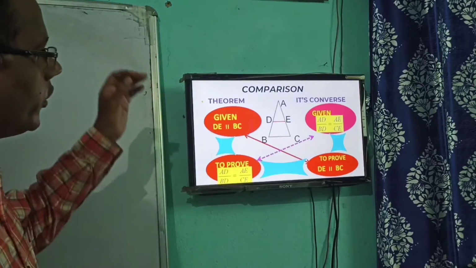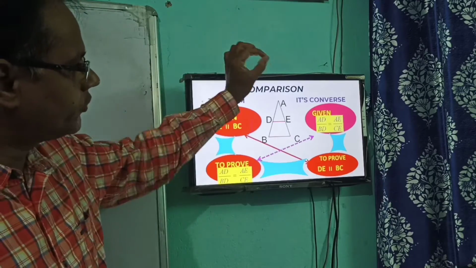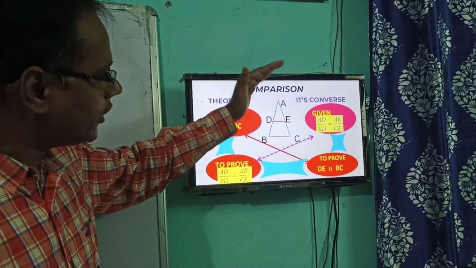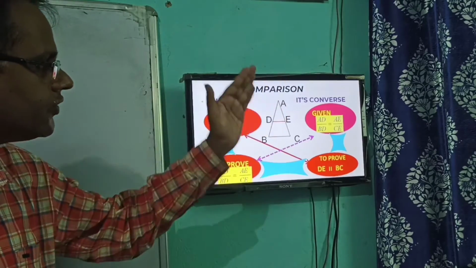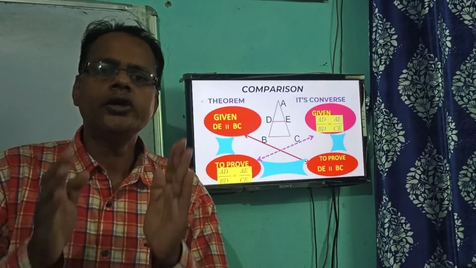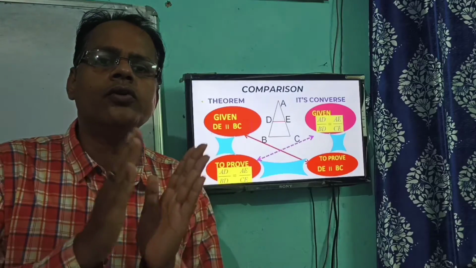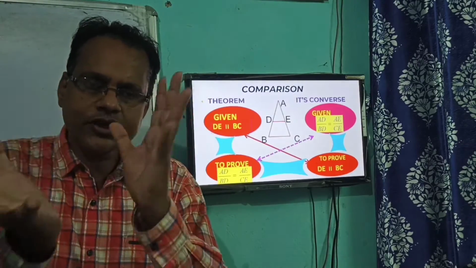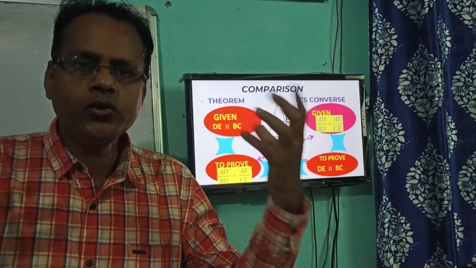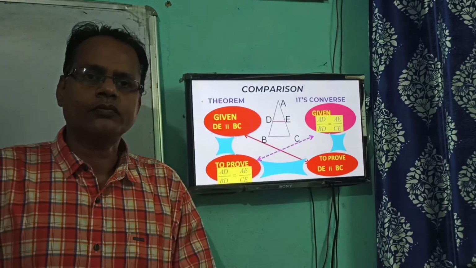So in the converse theorem, it tells that if this ratio AD by BD is equal to AE by CE, then you prove that DE will be parallel to BC. Now, there is no need to remember the statement of the theorem.